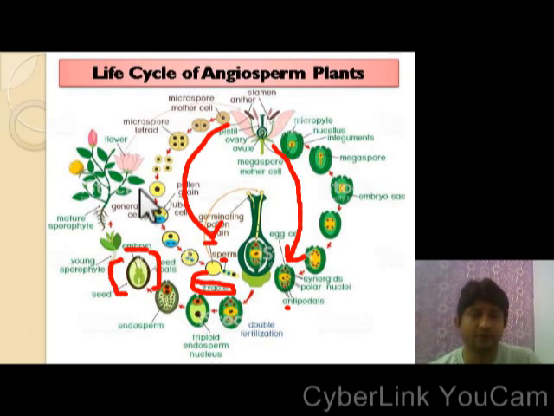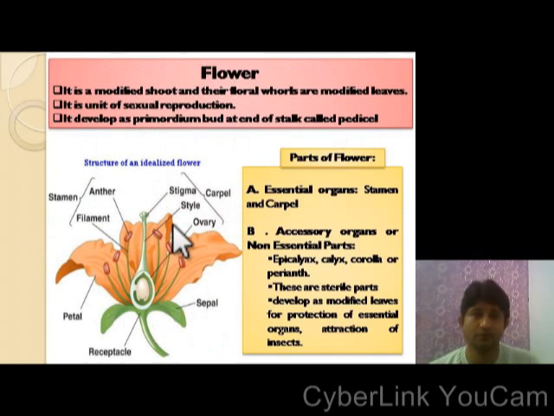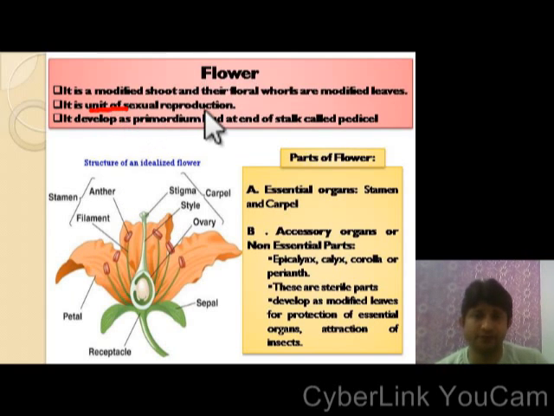Now we take the sexual organ of angiosperm plants in this lecture. This is the important structure which is responsible for sexual reproduction in angiosperm plants, and this structure is also considered the unit of sexual reproduction, known as the flower.